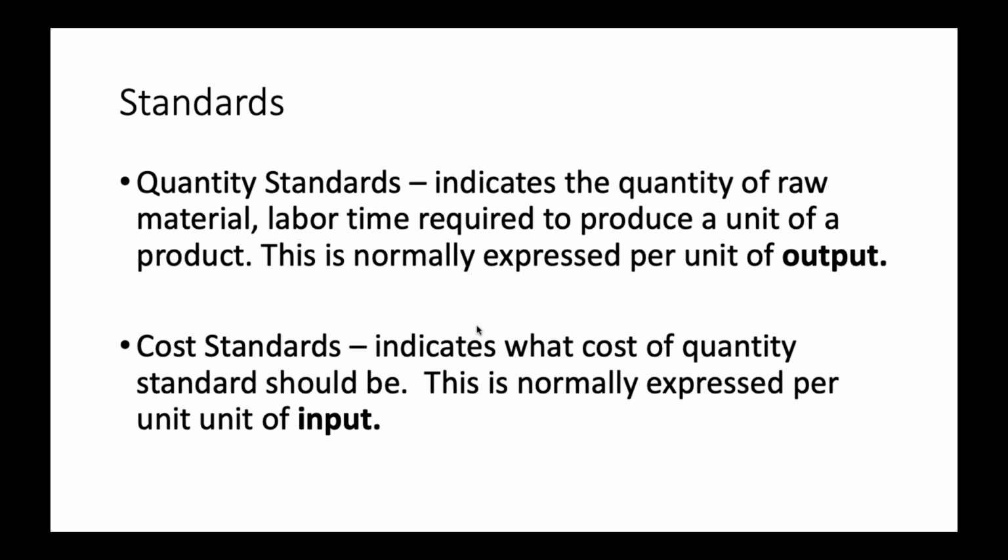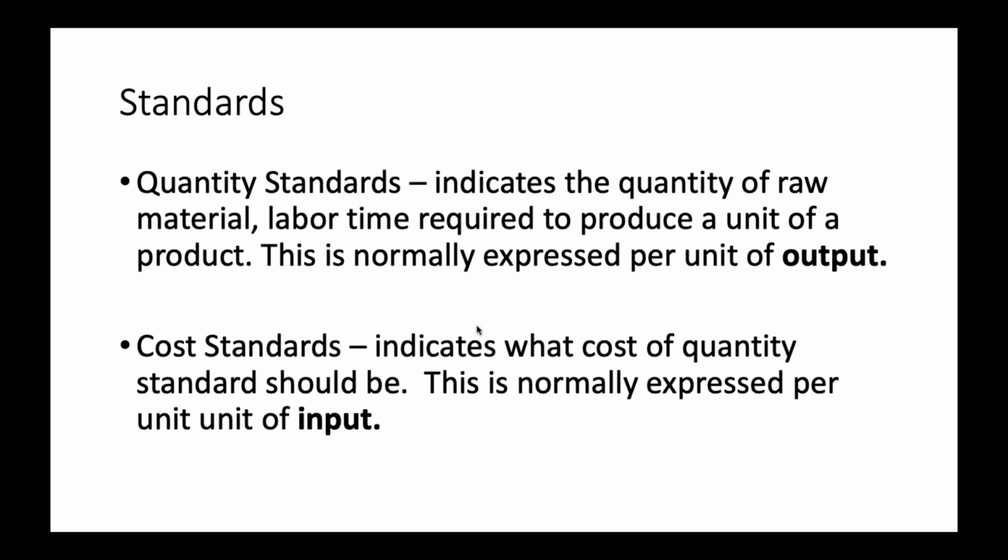So, for example, for raw materials, we normally say the standard quantity is 3 pieces per unit of output. Or for labor, we might incur 3 hours of labor time for every 1 unit of output. So basically, quantity standards are expressed on a per unit of output.